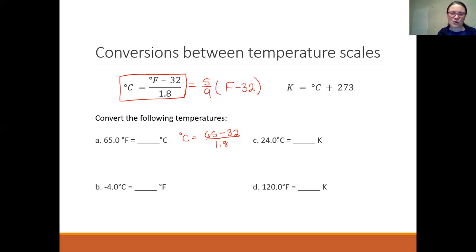That makes for some good mental math estimating if you find yourself in a scenario where you don't have to be super accurate, but you're wanting just to get a ballpark figure. So you're going to take 65, subtract 32 first, and then divide by 1.8, and you will get degrees Celsius is equal to 16.5.